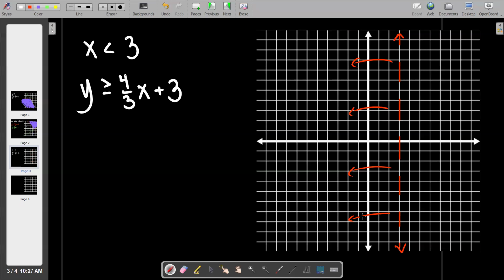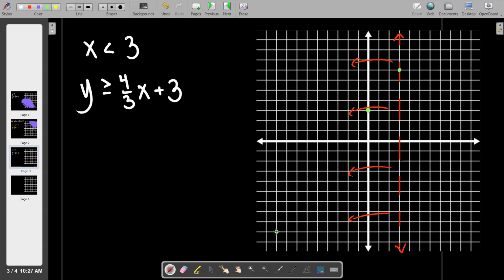And now we have to graph the other line. Where will we start the second line? Up 3. And what's its slope? Up 4. Up 4 what? Right 3. Good. So up 1, 2, 3, 4, right 1, 2, 3, and then the other way, down 1, 2, 3, 4, left 1, 2, 3.